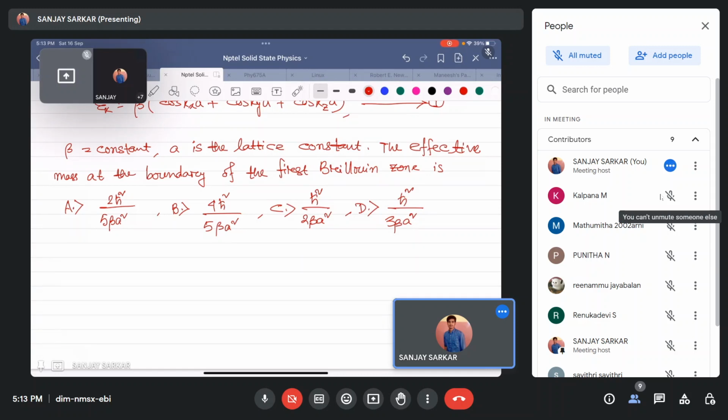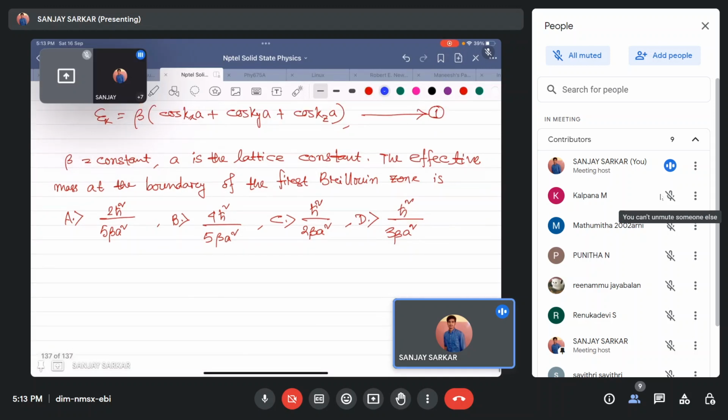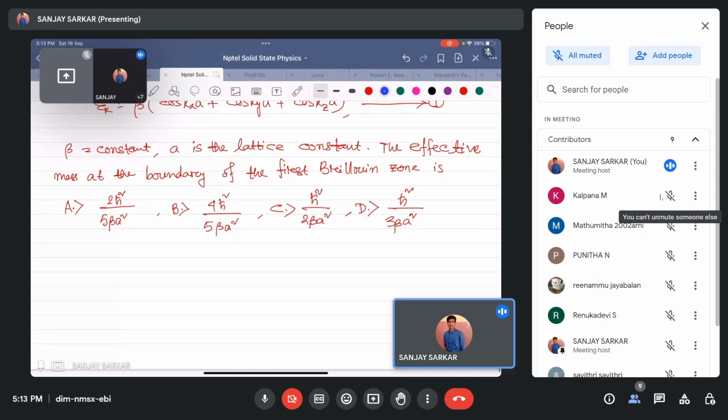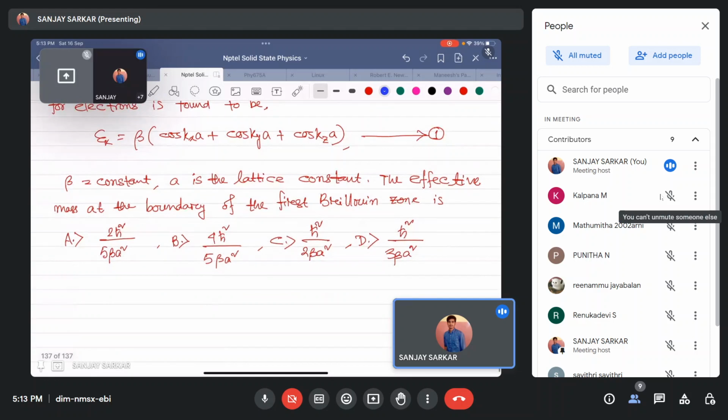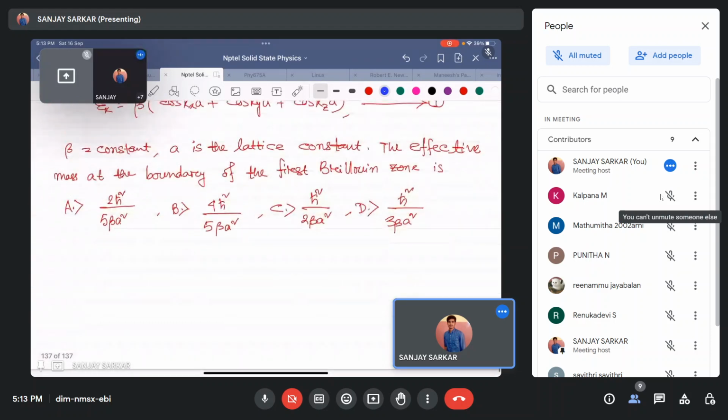I hope everyone is solving, right? This kind of problem arrives in competitive exams. The dispersion relation will be given, and you will be asked to calculate the effective mass. So everyone calculate dE by dk.